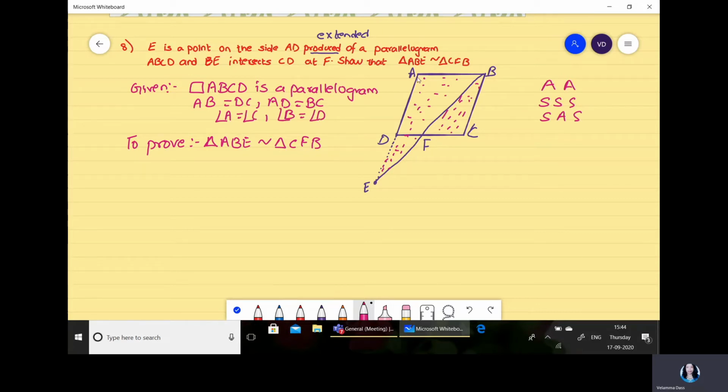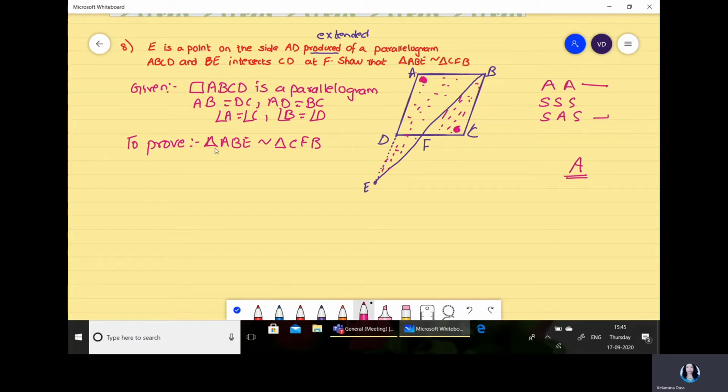In triangle ABE, angle A exists, and in triangle CFB, angle C. One fact we can take very easily is that angle A and angle C are equal as opposite angles of the parallelogram. So we have got one condition, one angle. We need one more, right? So either I can use AA or SAS, correct?